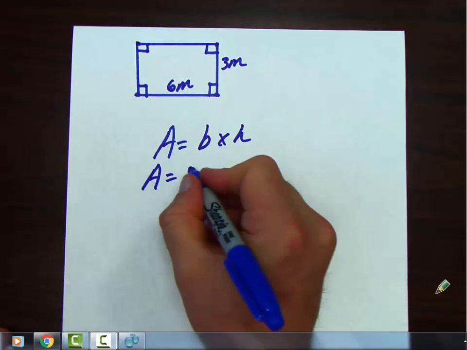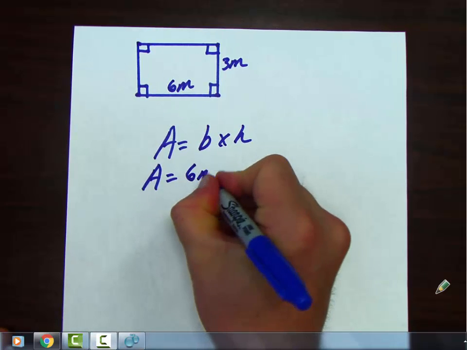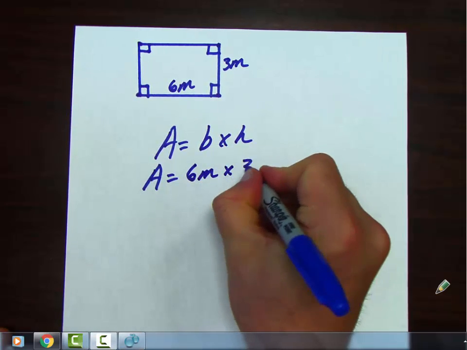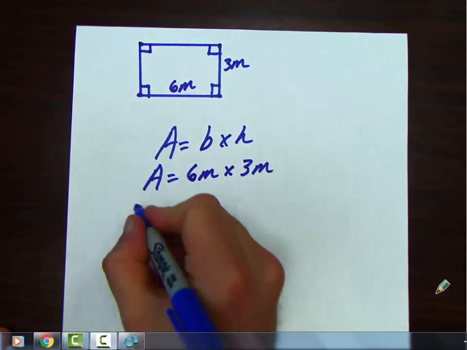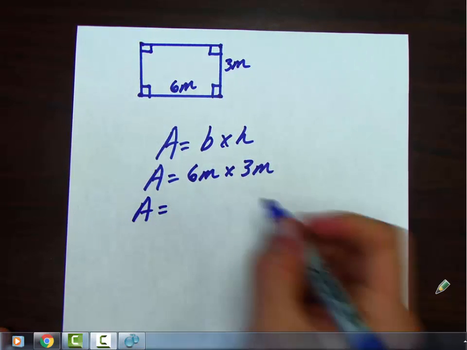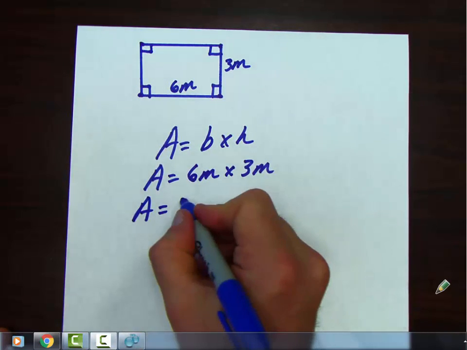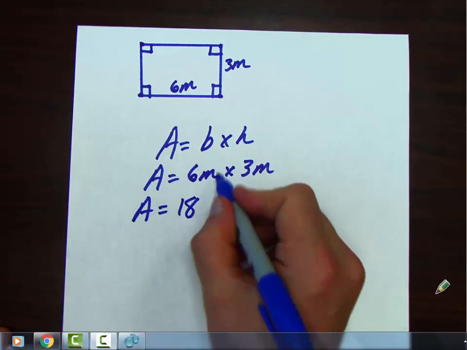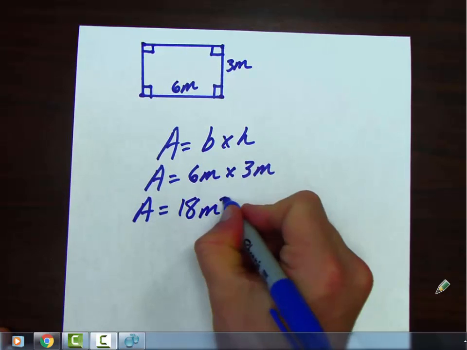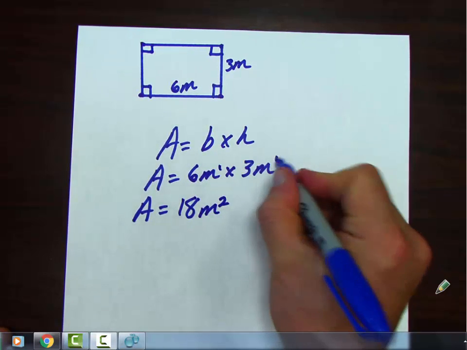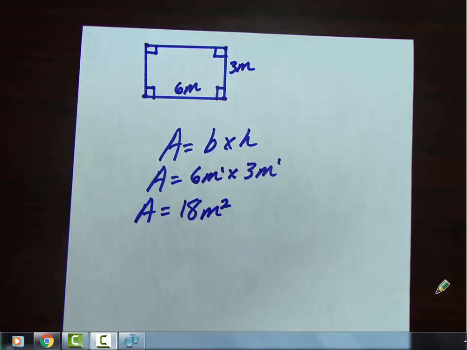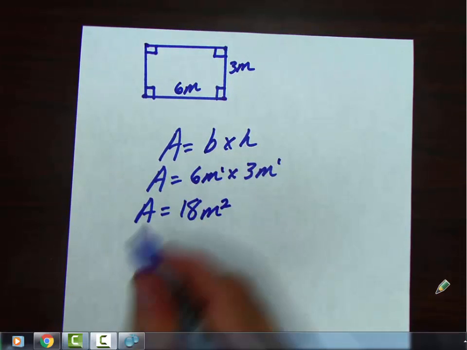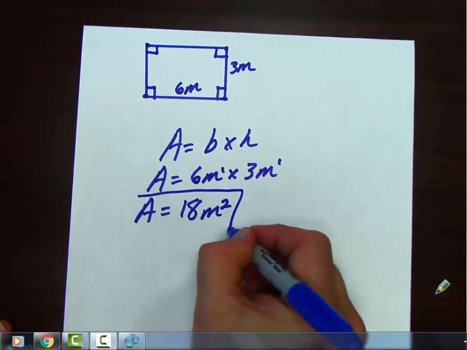Area equals 6 meters times 3 meters. Area equals 6 times 3 is 18. Meters times meters, we get meters squared because of our little 1 on the exponents there. So we get meters squared as an answer.